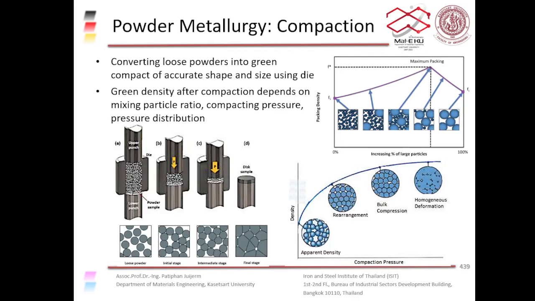Compaction is a process that converts loose powders into green compacts of accurate shape and size using a die, right? So you put the powder inside the die, and then the punch will move down and compact it into the shape that you want.